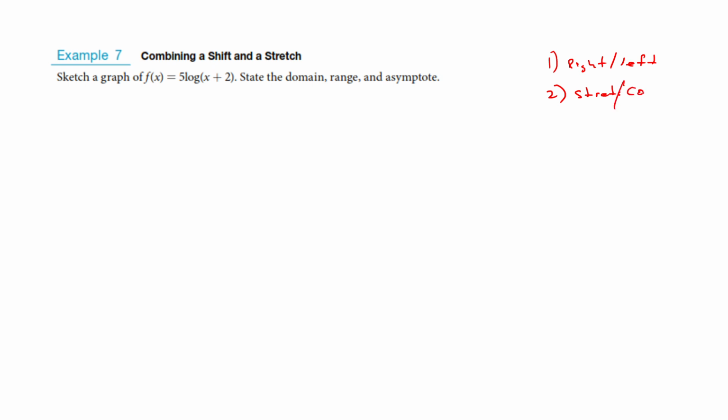Okay, then we do any flips. So flips are coming up, I think, on a screen or two. We're going to do those too. And then finally we do any vertical up or down. So if you remember, these were the 4 steps in the order that we would tackle these when we were in the earlier section.